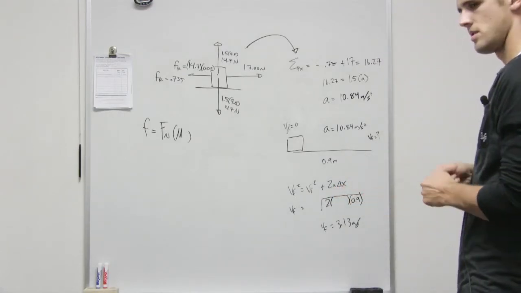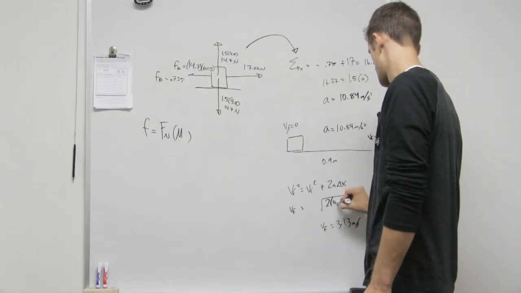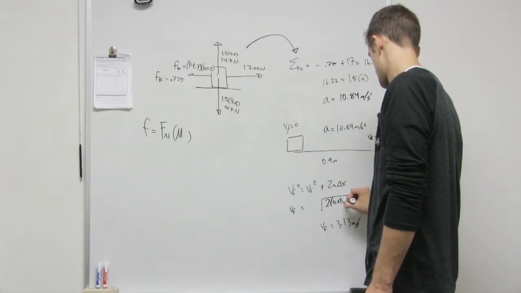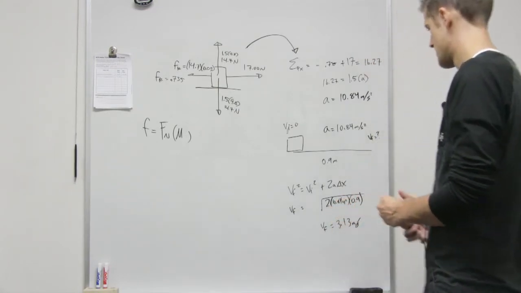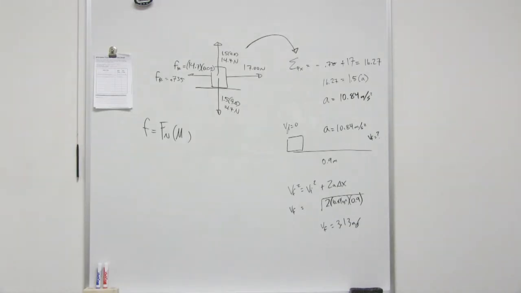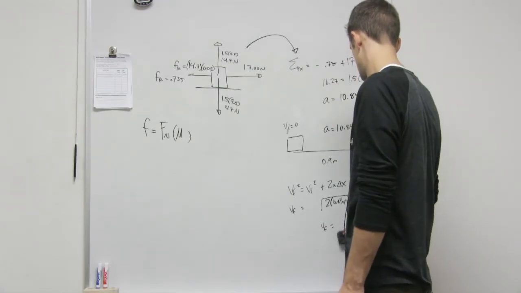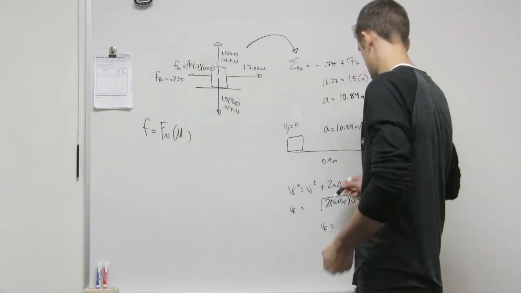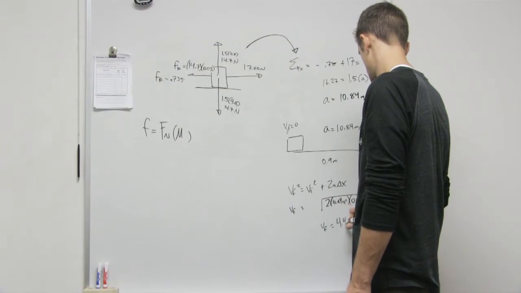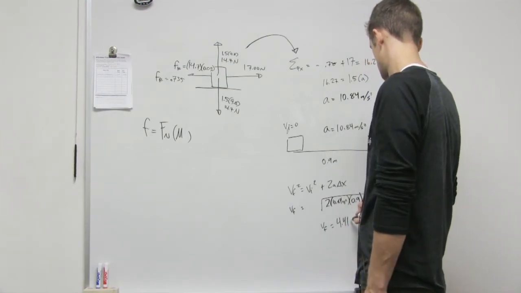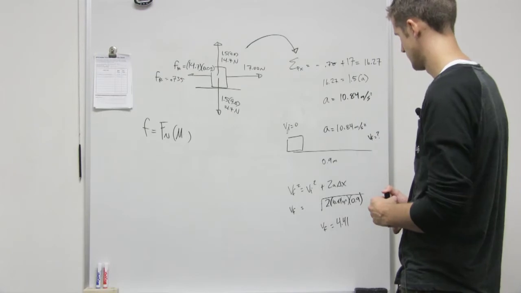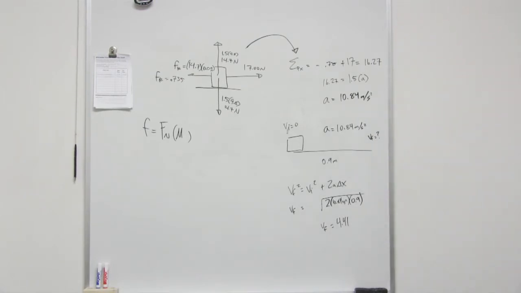Square root of 2 times 10.84 times 0.9 equals 4.417, so 4.42. Boom. Okay. It's not too bad.